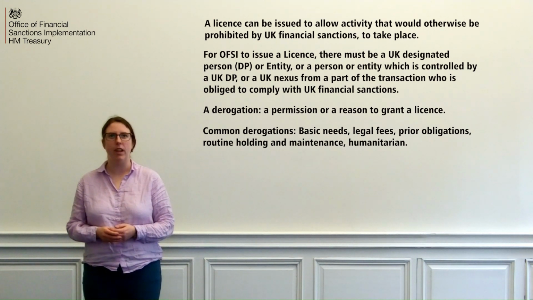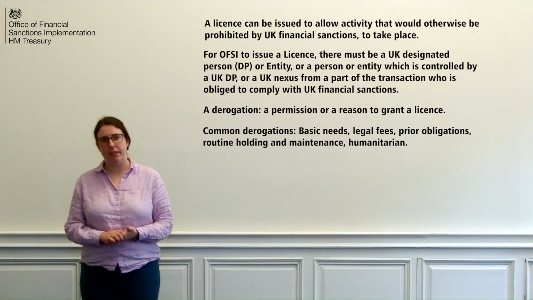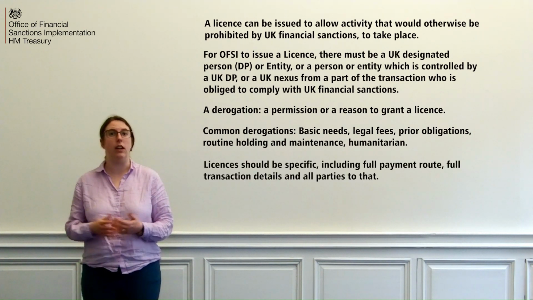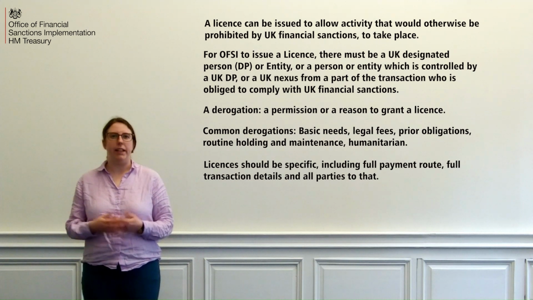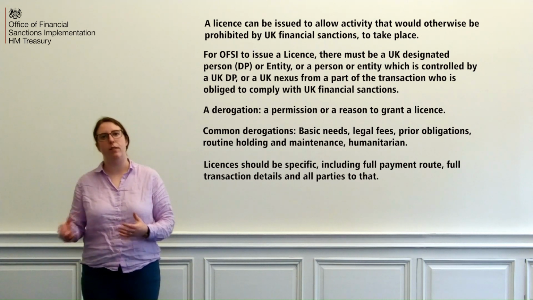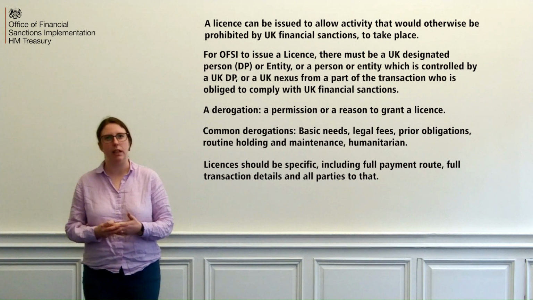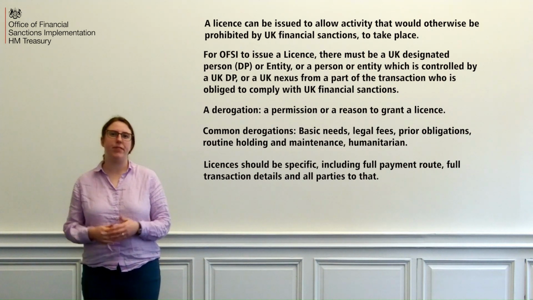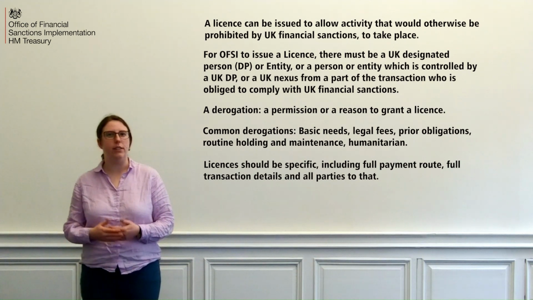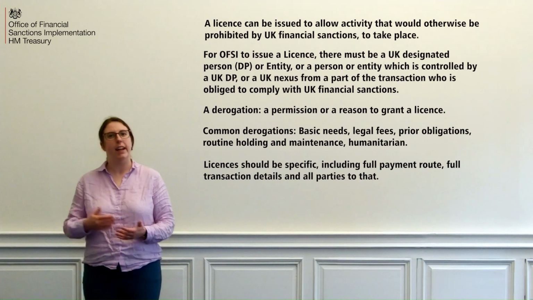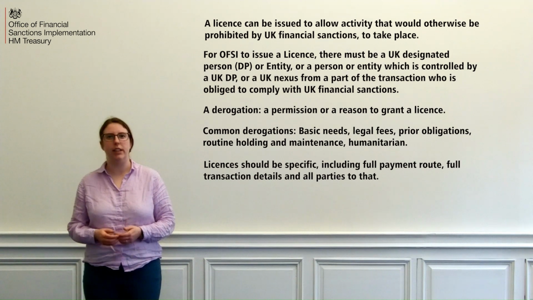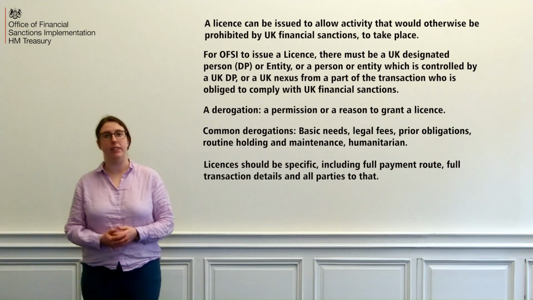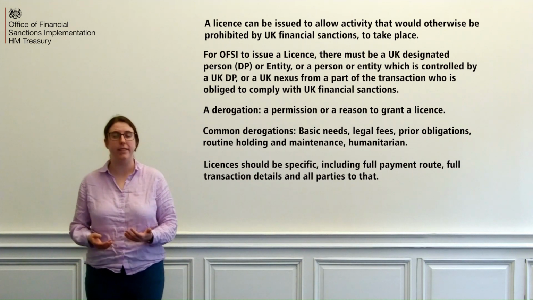The licences should be specific and include the full payment route, or the full transaction details, and all the parties to that. Again, that's because we need to be able to see that flow and see where the UK nexus is and balance any risks. And something that's really important to say, if you get all that way through and you're issued with a specific licence, it still doesn't compel any other parties to undertake activities that they otherwise wouldn't want to do.